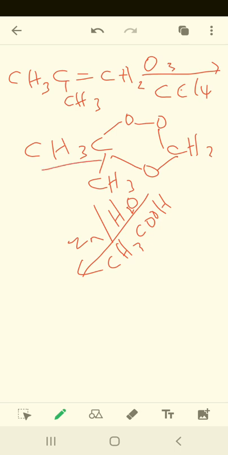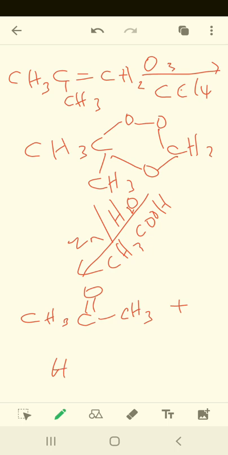Each from here up to here will take one oxygen atom, so we form CH3, plus, then these two will also take the other oxygen atoms, so we have hydrogen, and that is it. That is how the reaction of ozonolysis takes place.